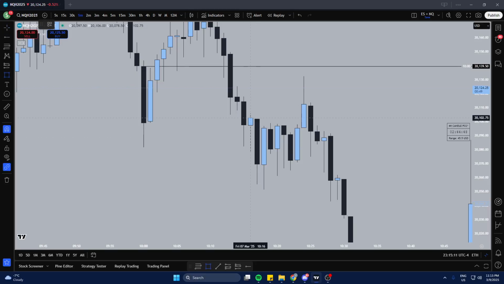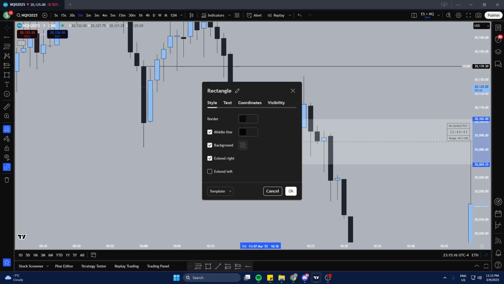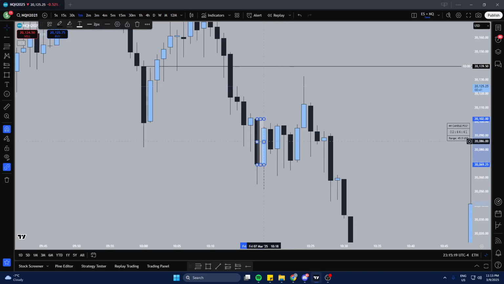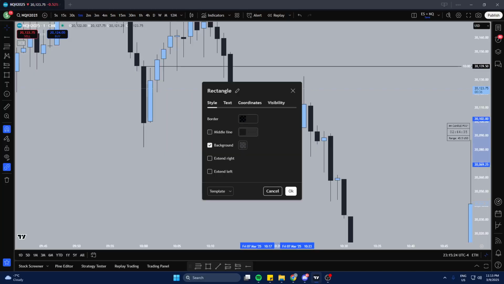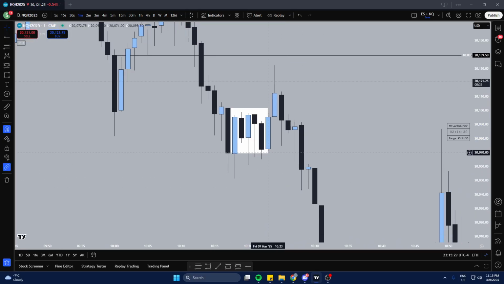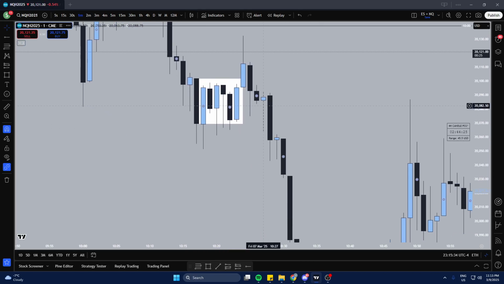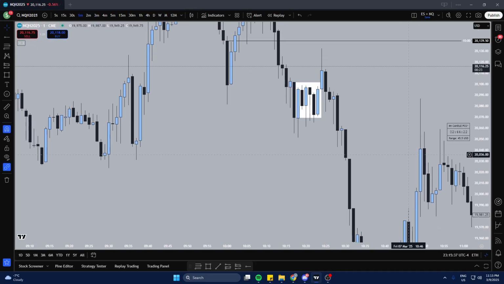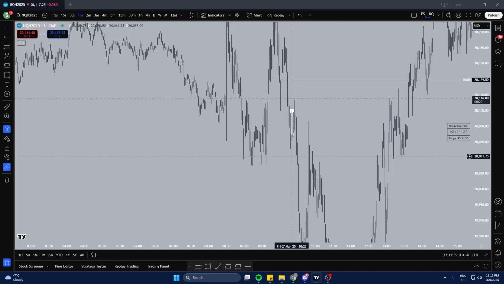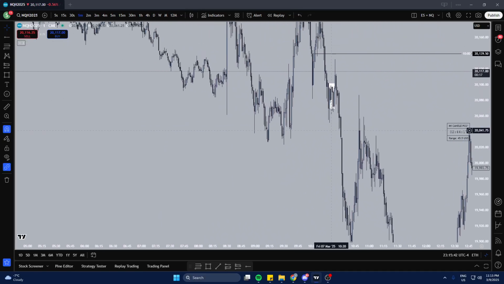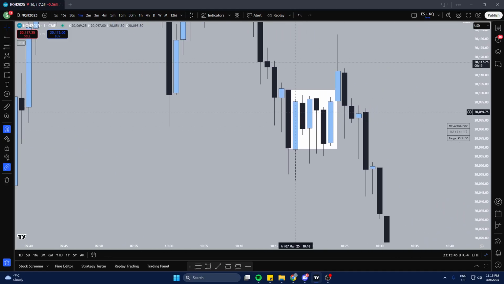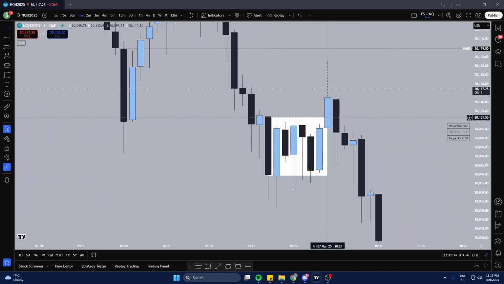So this is our accumulation here, and we expect price to go lower. We expect price to be bearish, so we're going to be looking for a manipulation upwards.